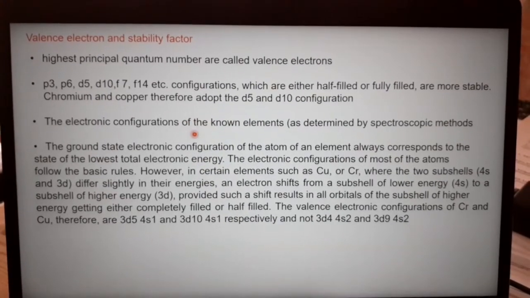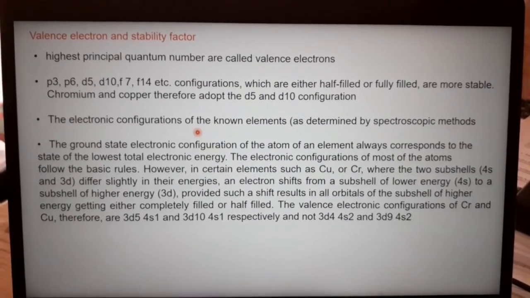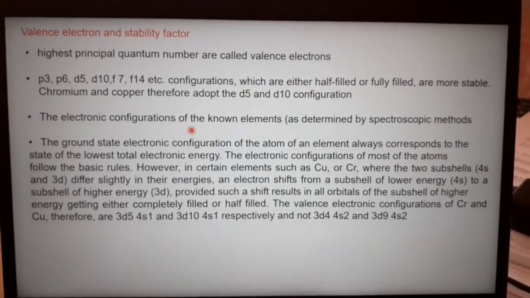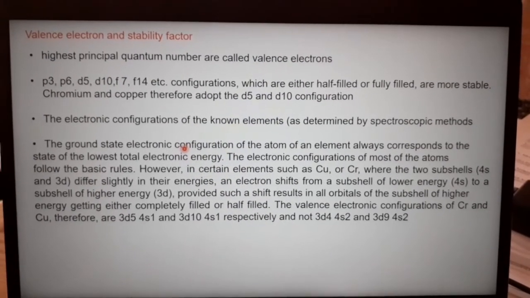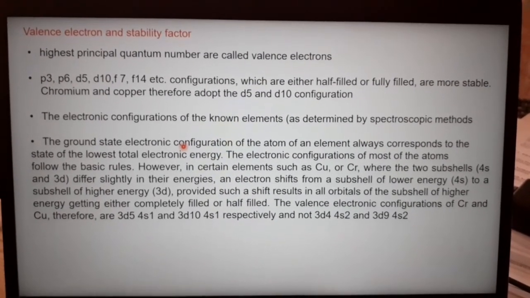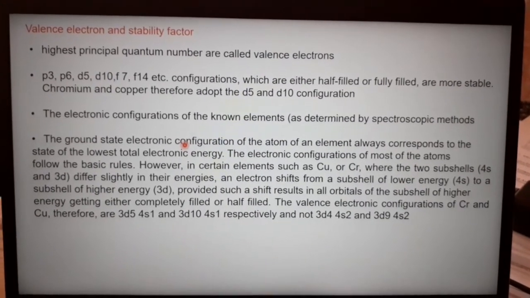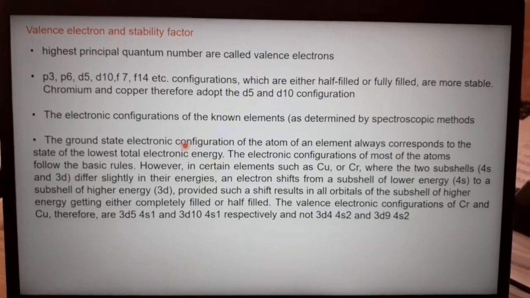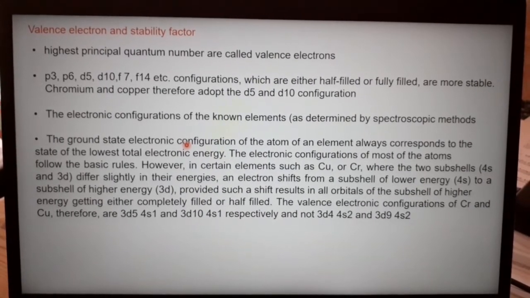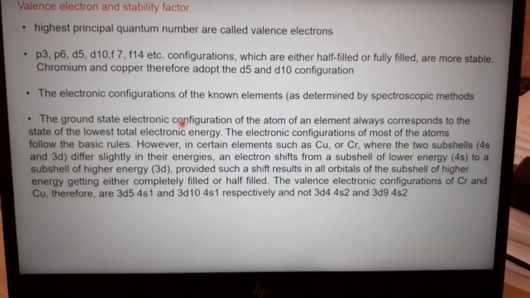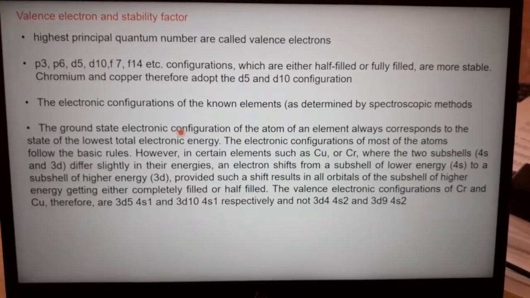The electronic configuration of a known element is determined by the spectroscopic method. You need to remember these things. The ground state electronic configuration of an atom or an element always corresponds to the state of lowest total electronic energy. The electronic configuration must follow the basic rules.